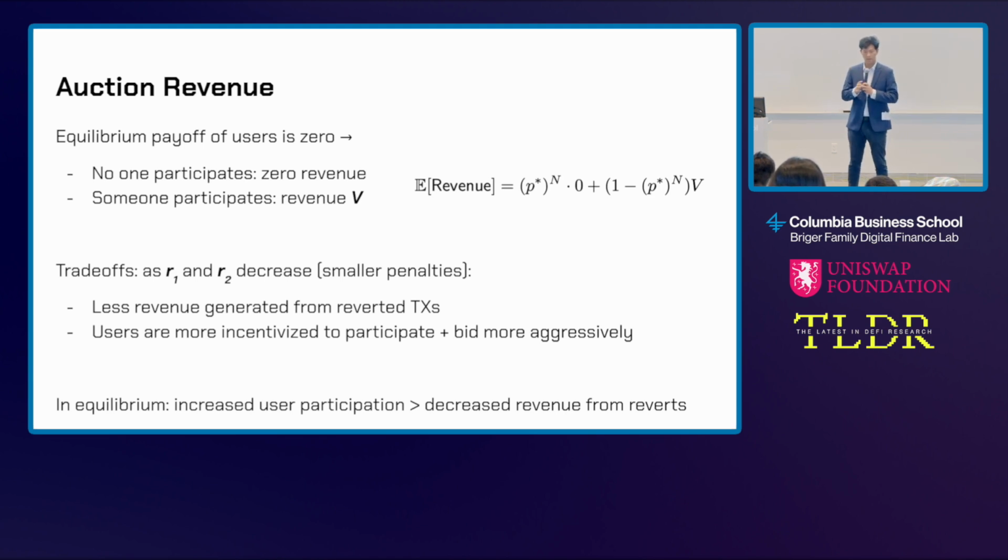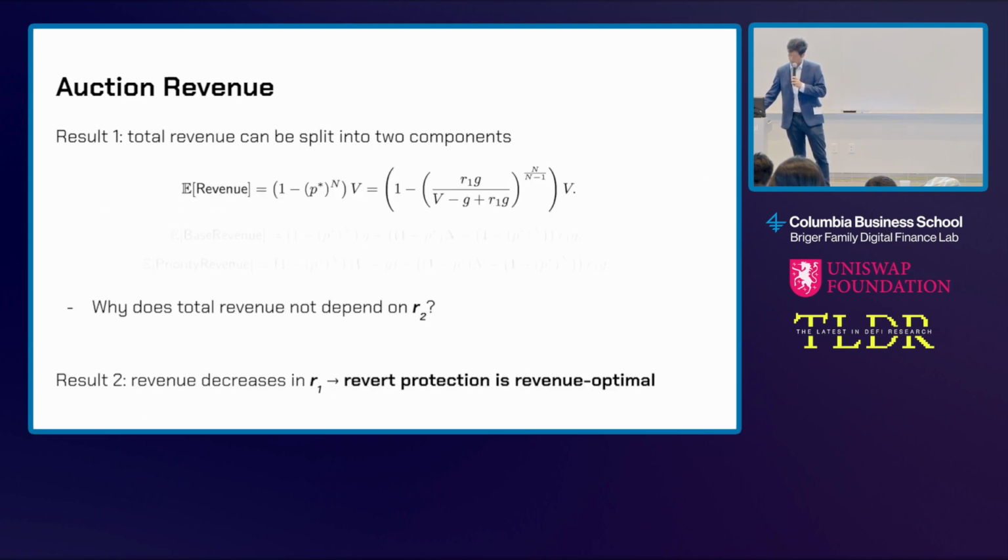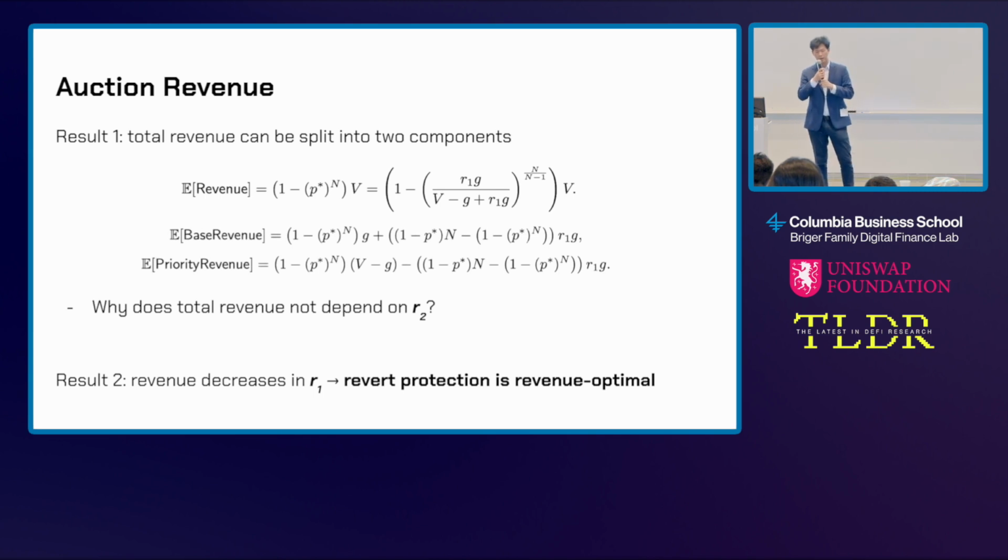So in this equilibrium, the increased user participation and more aggressive bidding outweighs the decreased revenue from not having any revenue accrued from reverted transactions. The reason why the revenue does not depend on R2 is that there's going to be some participant that decides to participate but does not bid at all. For them, they only need to focus on the revert penalties of participation, not extra priority fees. In this case, it's just R1.